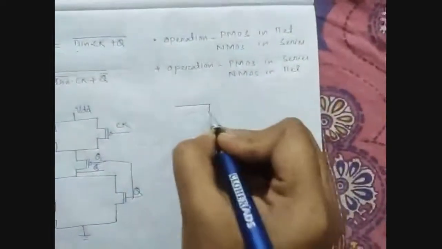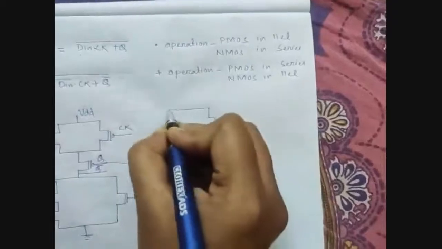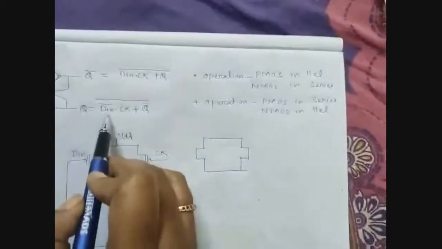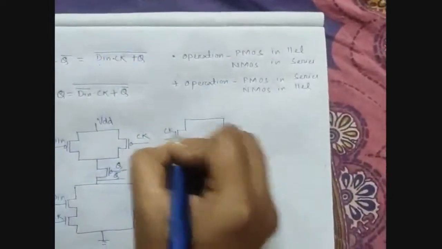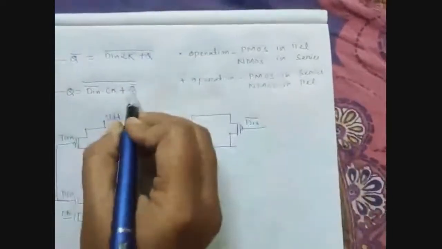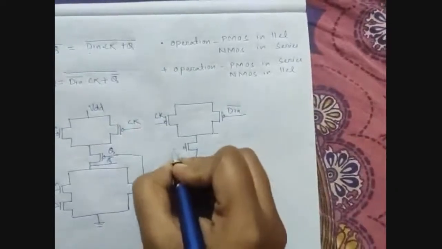Then we draw the lower half with a similar structure. Here D in complement into CK: this one is CK, this one is D in complement. Then Q bar is connected in series.